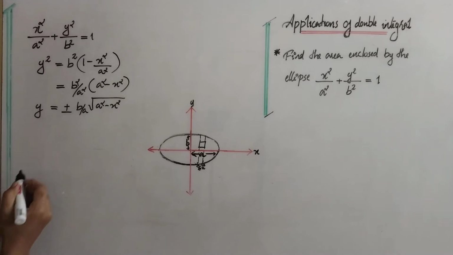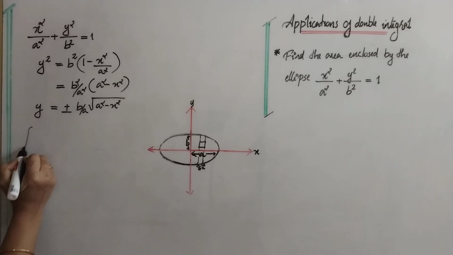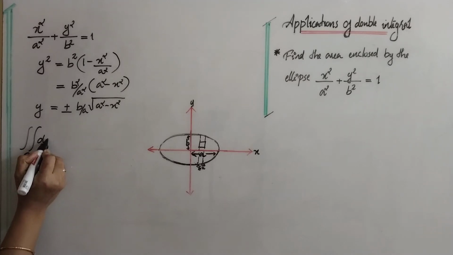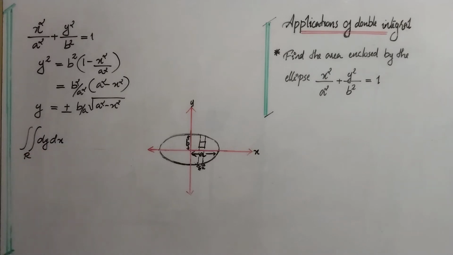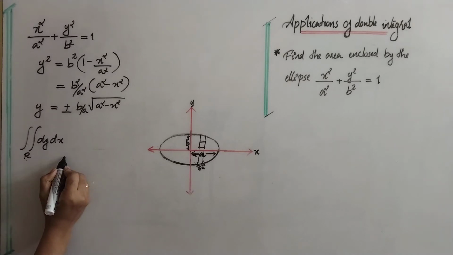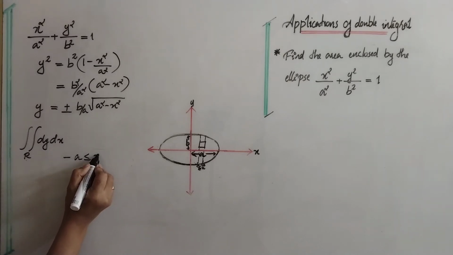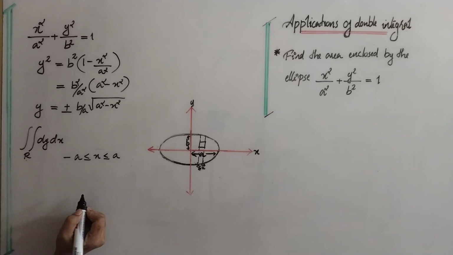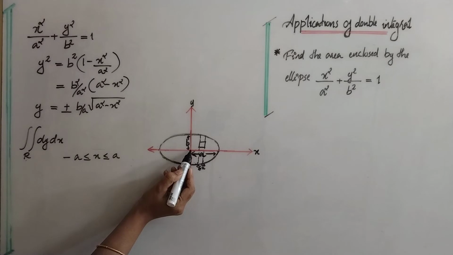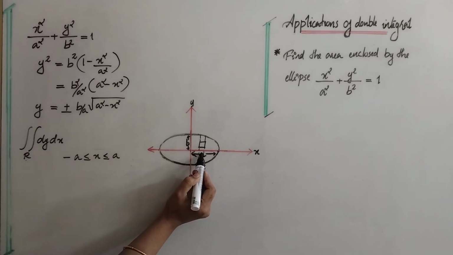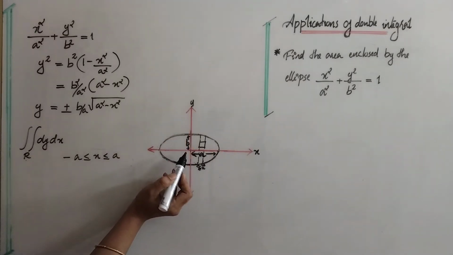So the required area is double integral over the region R dy dx, where R is the region enclosed by the ellipse x square by a square plus y square by b square is equal to 1, and the region of integration R is minus a less than or equal to x less than or equal to a. Here this distance is a. Here the major axis is x-axis and the minor axis is y-axis.